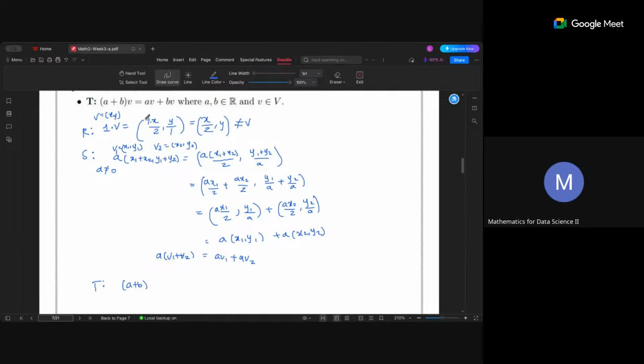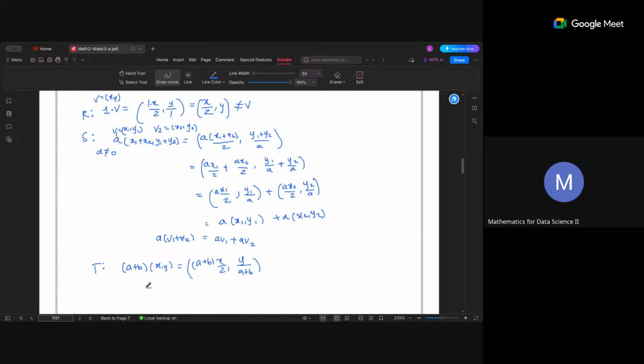Now (a plus b) times v, according to the definition, is ((a plus b) times x by 2, y by (a plus b)). Now what is a times (x, y) plus b times (x, y)? It is (ax by 2, y by a) plus (bx by 2, y by b).